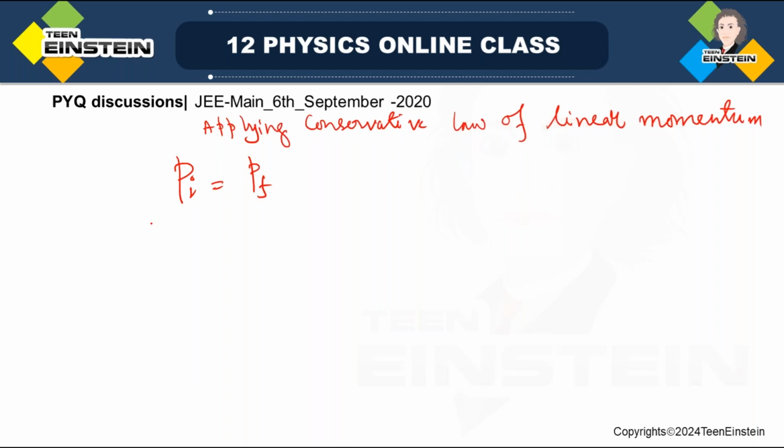And what are those? See, mass m1 is 2m2, so that's why I'm taking 2m. Velocity initially was root 3 I cap plus j cap, and then finally this guy will also have a certain velocity.